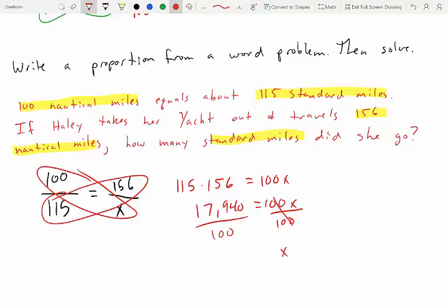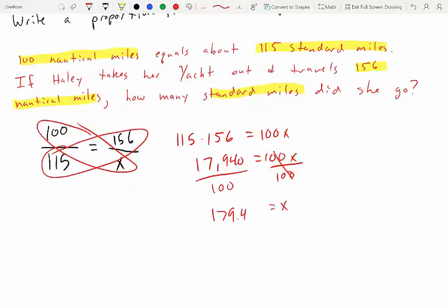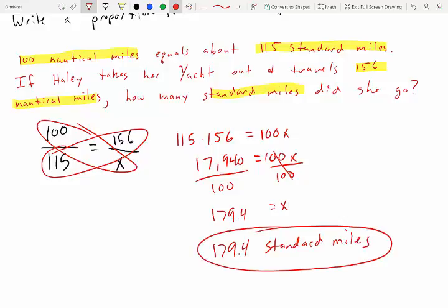So x equals 179.4. This does not answer our question because we're just saying what x equals. So my final answer, I must say 179.4 standard miles. Have to make sure we answer the question fully.